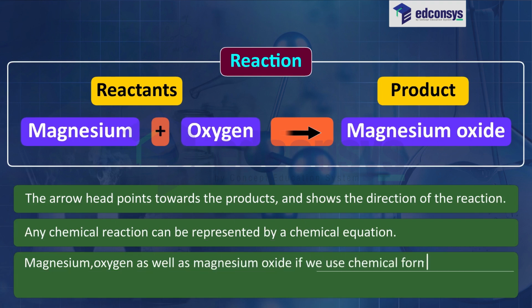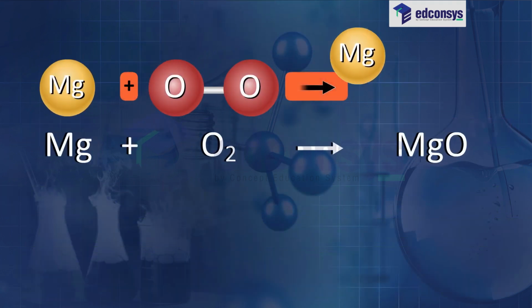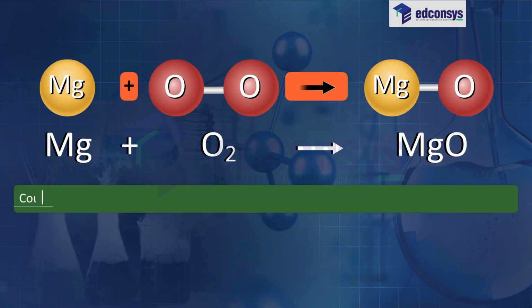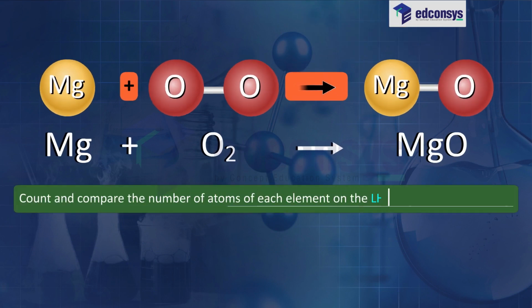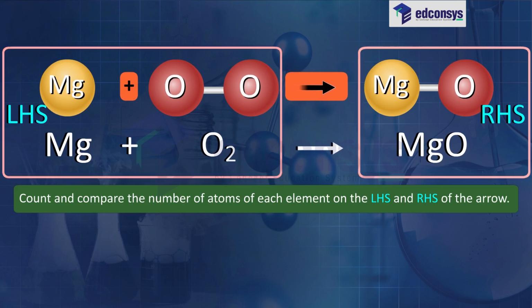Magnesium, oxygen, as well as magnesium oxide, if we use chemical formulas instead of a word equation: Mg plus O2 gives MgO. Count and compare the number of atoms of each element on the left-hand side and right-hand side of the arrow. Is the number of atoms of each element the same on both sides?